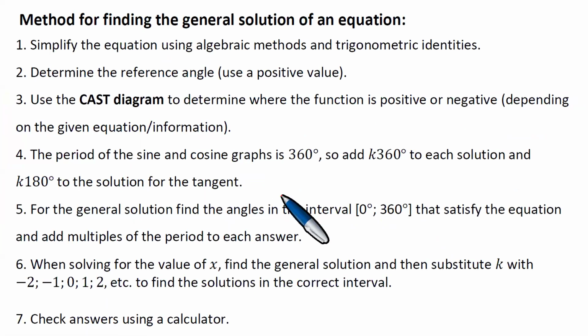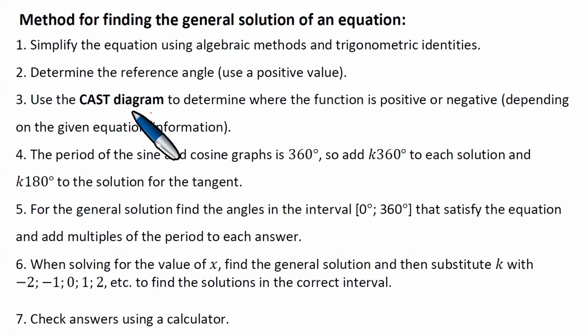Let's look at the methods that we need to learn. What is the method for finding the general solution of an equation? Simplify the equation using algebraic methods and trigonometric identities. Determine the reference angle, using a positive value.